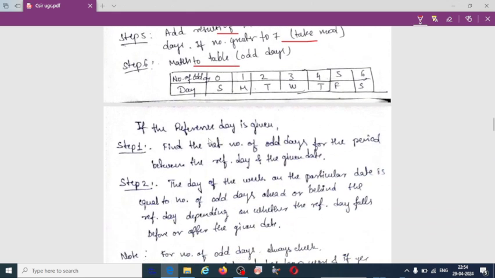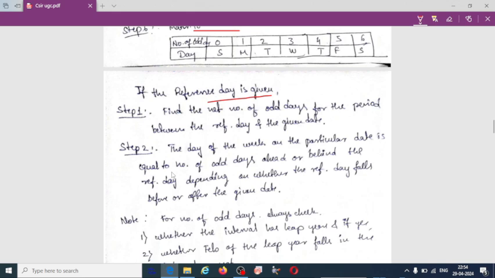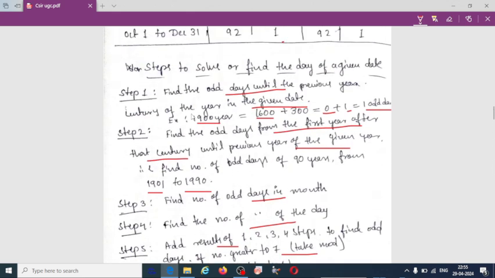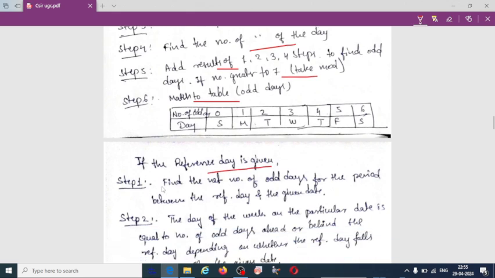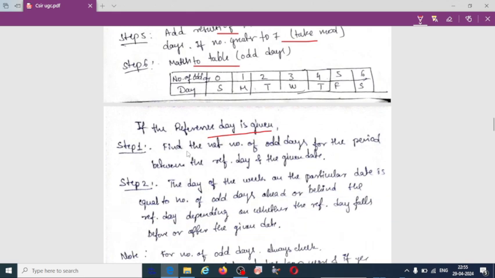If the reference day is given, then follow these 2 steps. If they have not given a reference day, you should follow these 6 steps. If they have given one, first, find the net number of odd days for the period between the reference day and the given date.